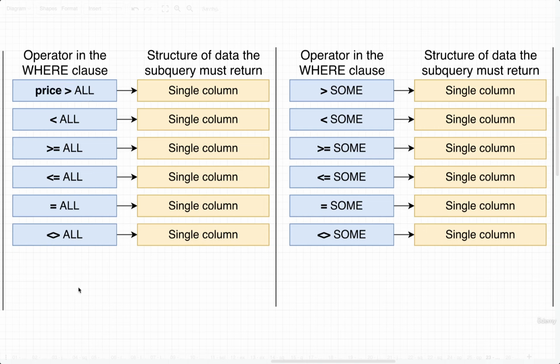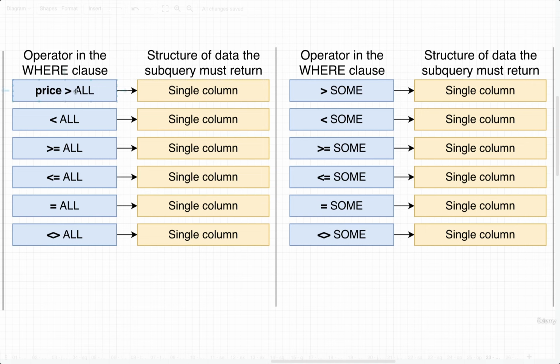Then greater than all is going to make sure that this price is greater than all of the values inside of a column of data. So we're essentially comparing one value, making sure it's greater than all the values inside of a column. This single column is going to come from some subquery that you and I are going to write.